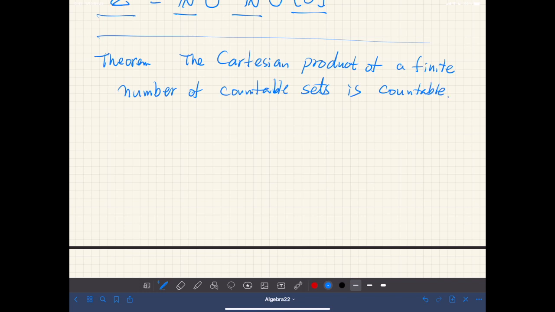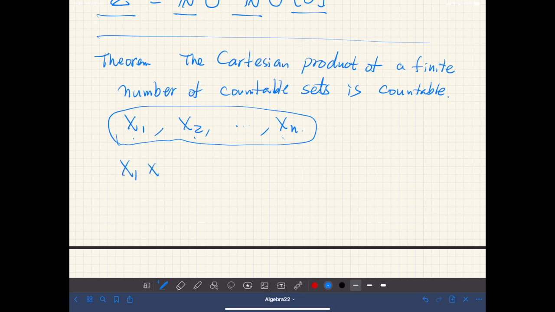So that is something like this. If we have countable sets x1, x2, and so on up to xn, so this is finitely many sets, each of which is countable, then the Cartesian product x1 times x2 times x3 times and so on up to xn is countable.